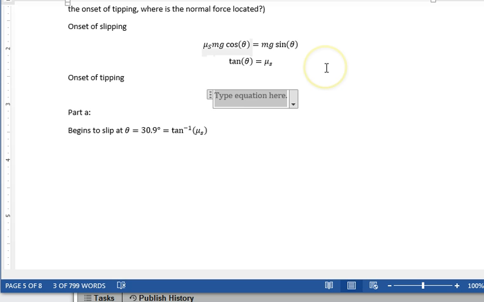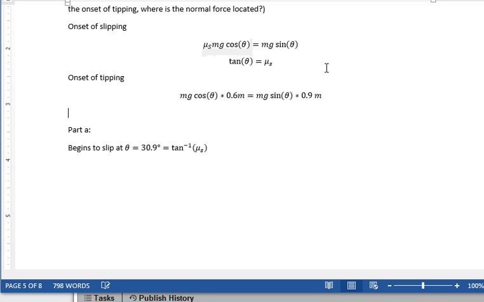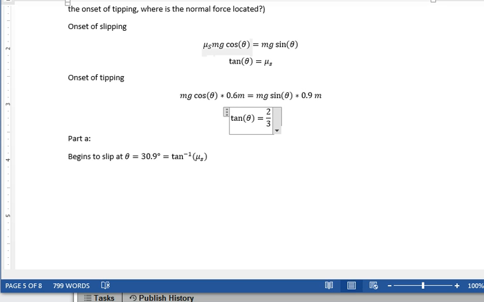Onset of tipping is when mg cosine theta times 0.6 meters equals mg sine theta times 0.9 meters, right? And so that gets us to tangent of theta equal to 2/3, right?